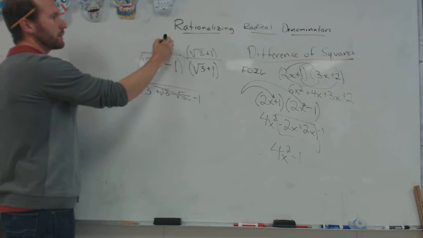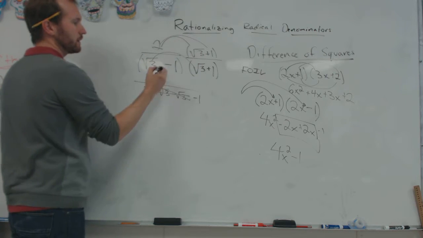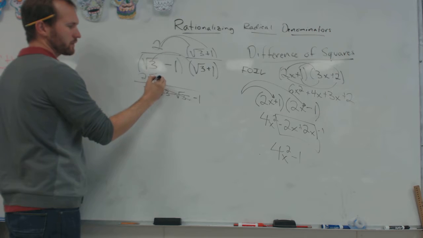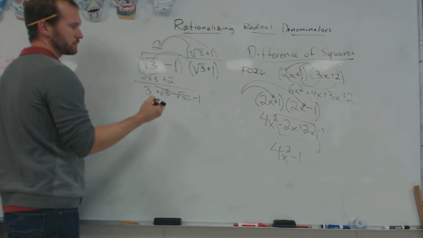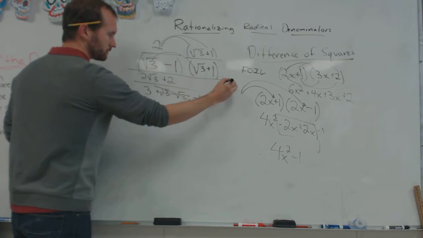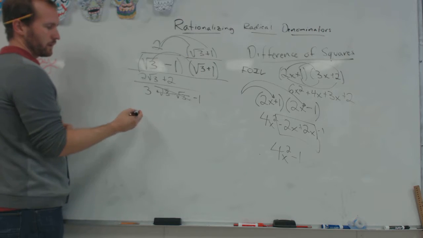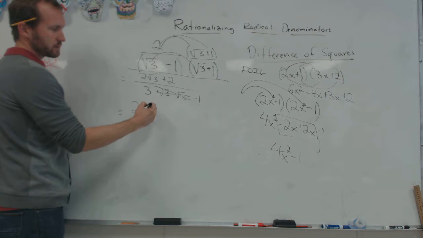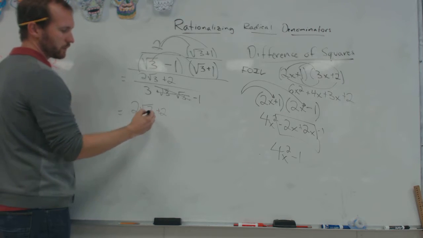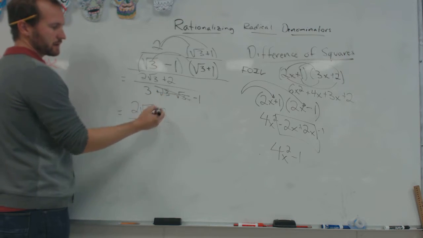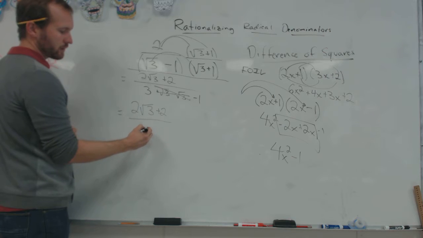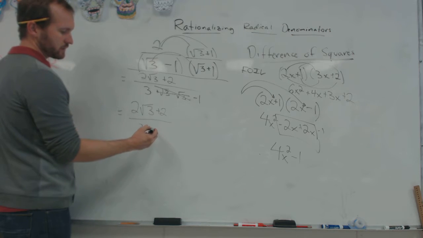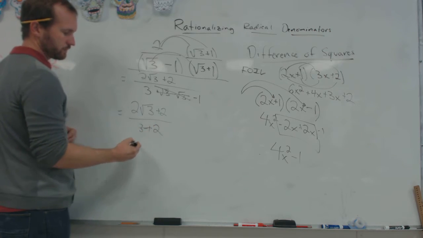In my numerator, I'm going to just use the distributive property. So I have 2 square roots of 3 plus 2. And then I'm going to rewrite this. I have 2 square roots of 3 plus 2 up top. And down bottom, with these canceled out, I just have 3 minus 1, which is 2.